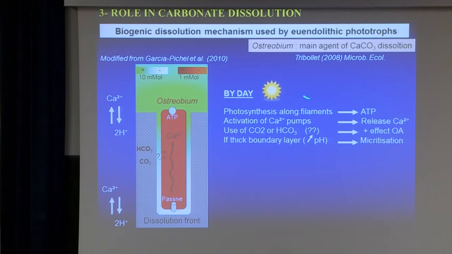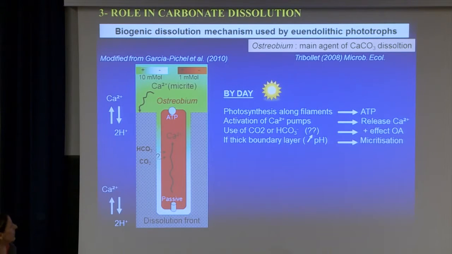So by day, the photosynthesis is providing ATP that activates the calcium pump and releases calcium near the surface of the substrate. And we don't know yet which form of carbon is used for the photosynthetic activity of those organisms. It could be directly the CO2 or the bicarbonate ions, but definitely those two forms will increase with ocean acidification.